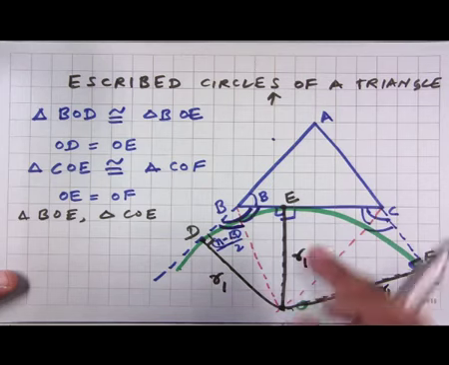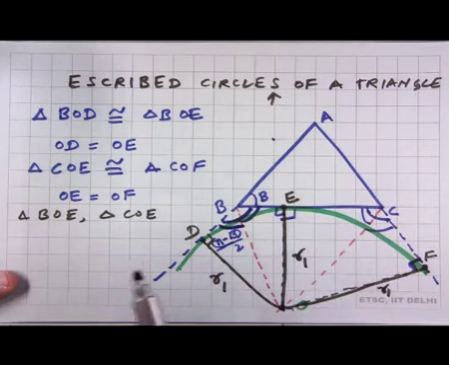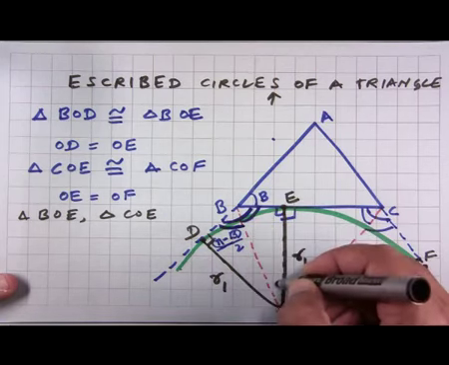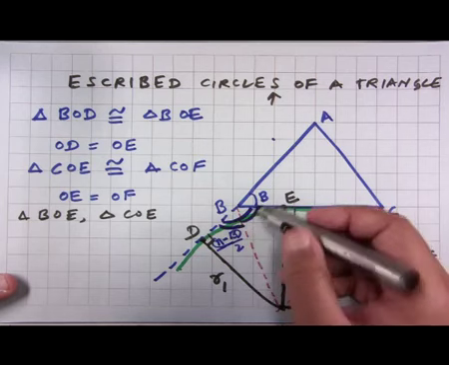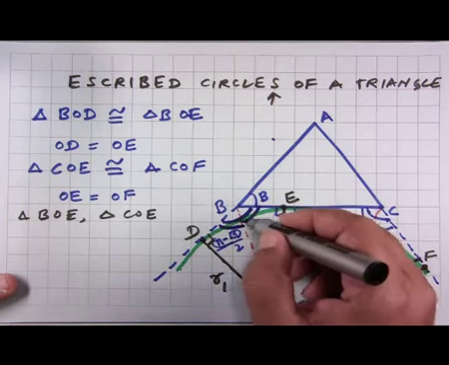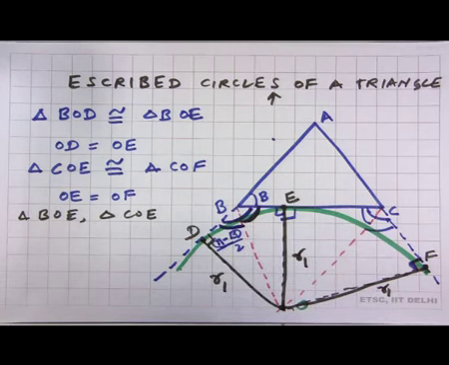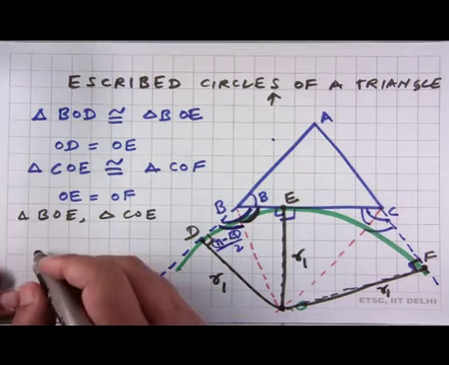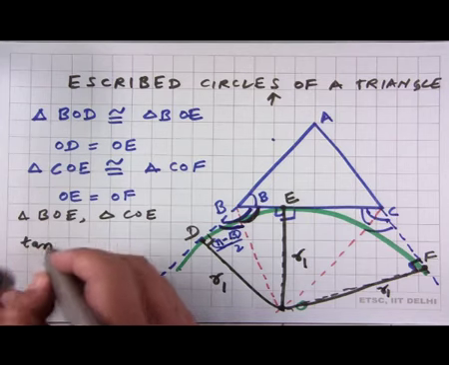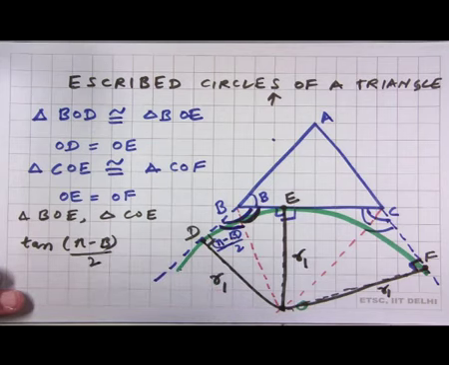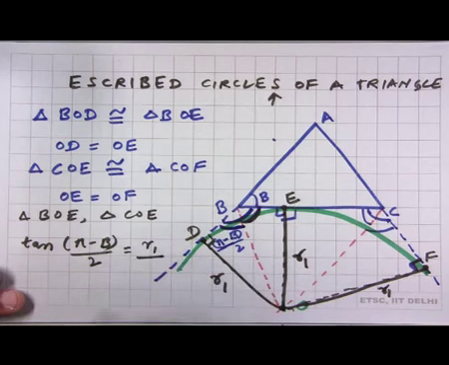If I look at the triangle BOE, because this red dotted line is the angular bisector of the exterior angle B, we know that the value of this particular angle is pi minus B over 2. And therefore, tan of pi minus B over 2 equals R1 over BE.